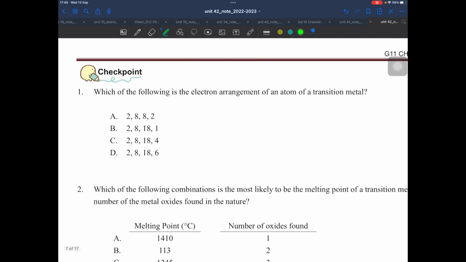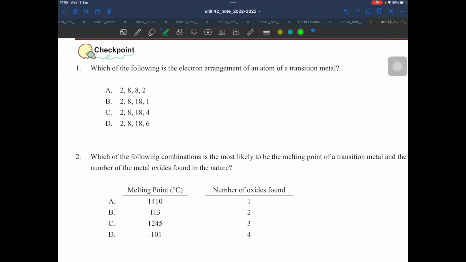That's it. Now, let's see what type of questions you will see in the public exam. Question 1, let's do it together. Which of them is an atom of a transition element? A, sure no, because the number of electrons or number of protons, it depends on how you see it, it should start at 21, right?